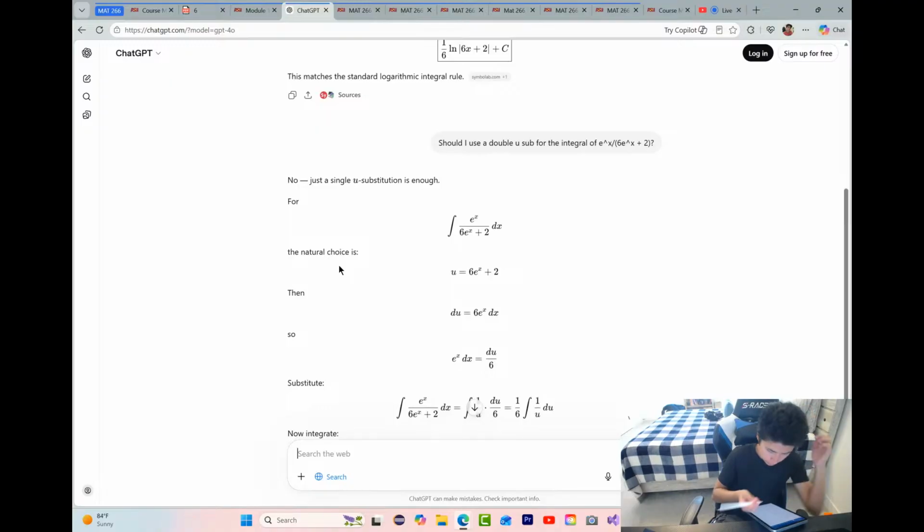Right, right. du. Perfect. So then we get ln of 6 e to the x plus 2.